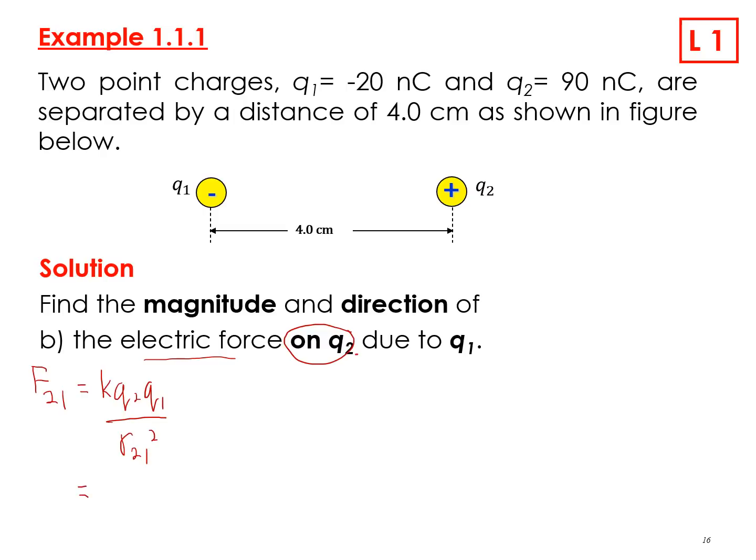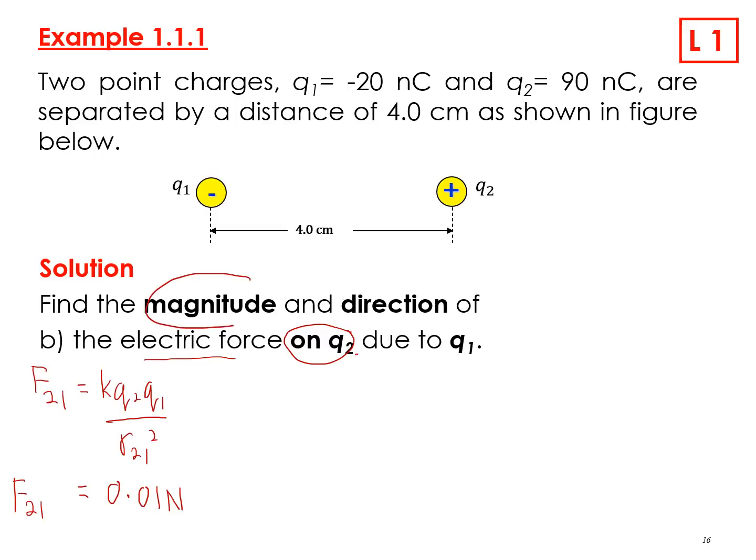If you notice, the answer is the same as the previous one, 0.01 Newton. You make the substitution for Q2 and Q1. Also, the distance separated between them is 4 cm, and then you will get the electric force on charge 2 due to Q1 is 0.01 Newton.